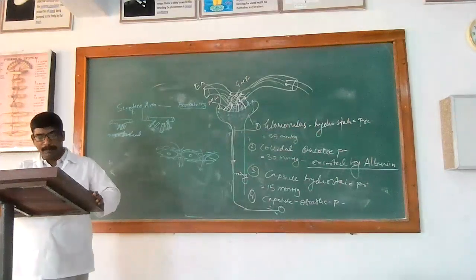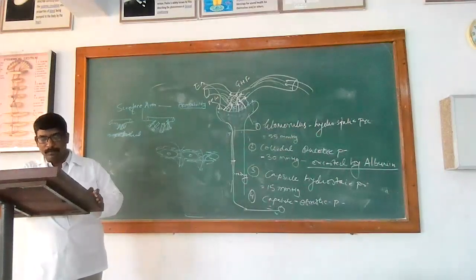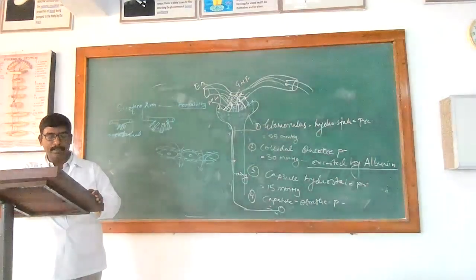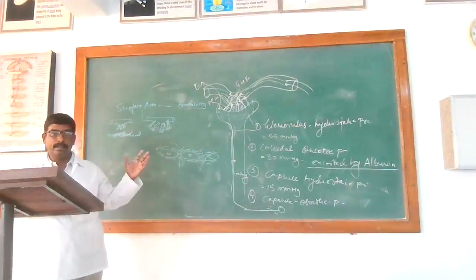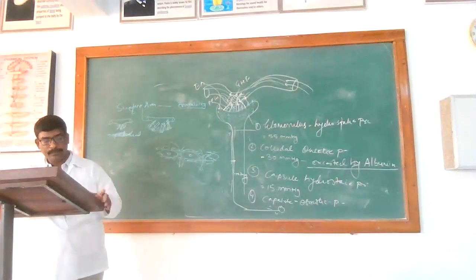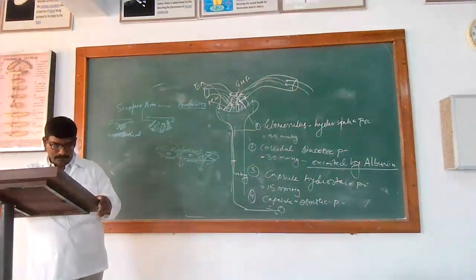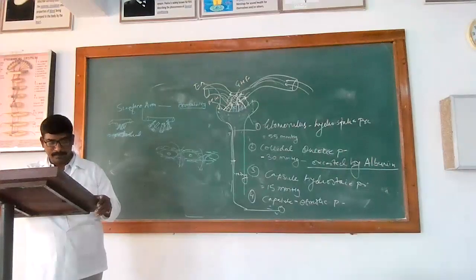So permeability decreases in glomerular nephritis, and in diabetic nephropathy it directly affects the filtration surface area. So now we will find out the filtration coefficient. GFR is equal to net filtration pressure into filtration coefficient.